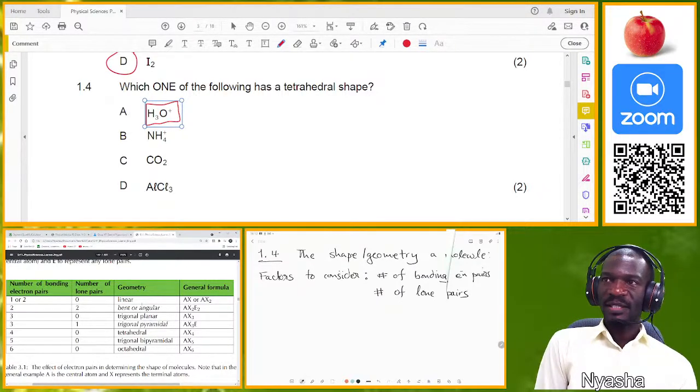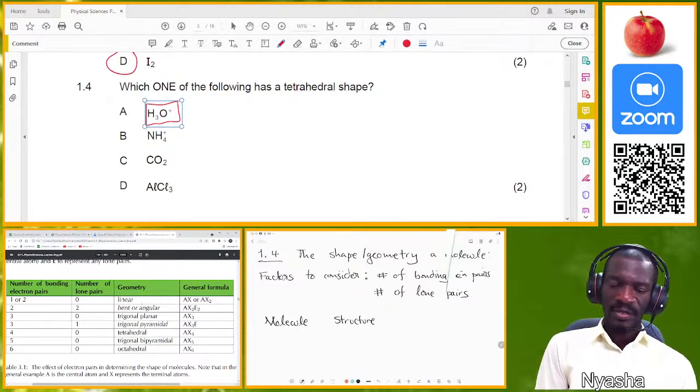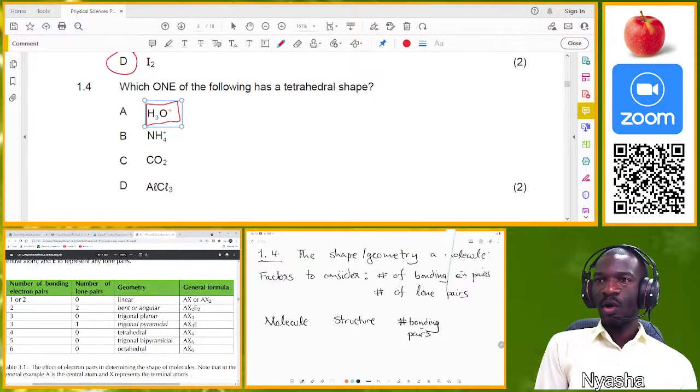So let's have the molecule. This is our molecule. Then this is its structure. This is its number of electron pairs. So let's call it number of bonding pairs. Then number of lone pairs.